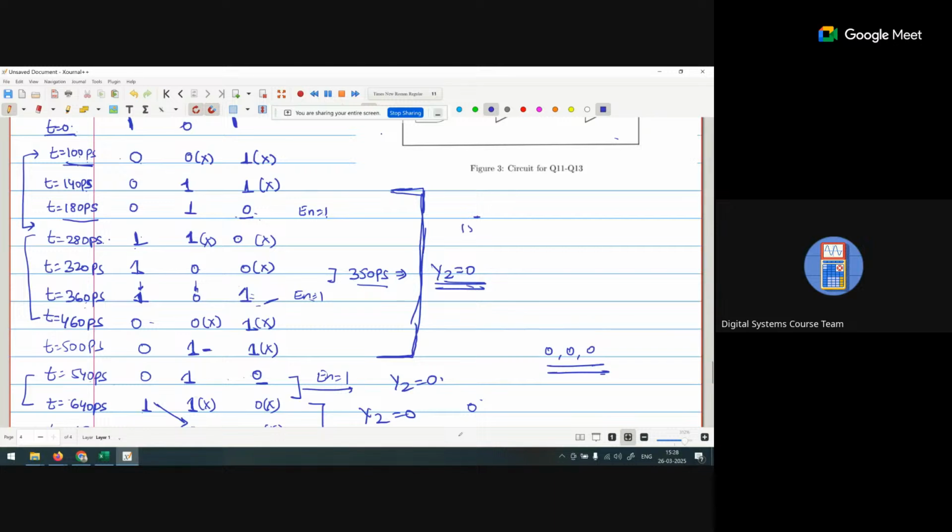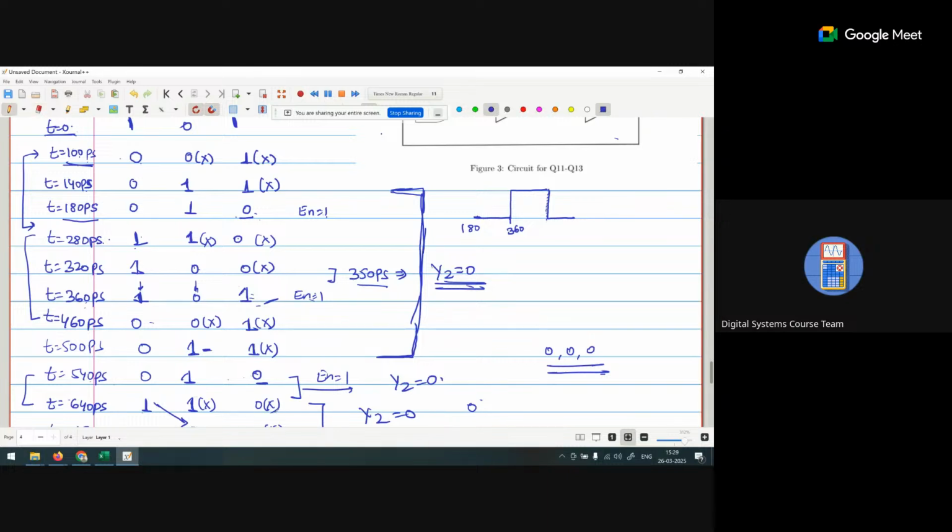Start from 180 picosecond. It is initially 0 up to 360 picosecond. After that it becomes 1 up to 540 picosecond, sorry, 540, not 500.